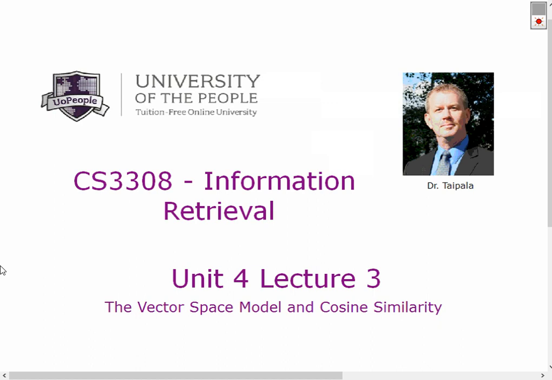In the second lecture, we looked at a different way of doing this, which is to use the term frequency and the inverse document frequency. If you recall, the inverse document frequency looked at how frequently a particular term appears across the entire set of documents in the corpus.